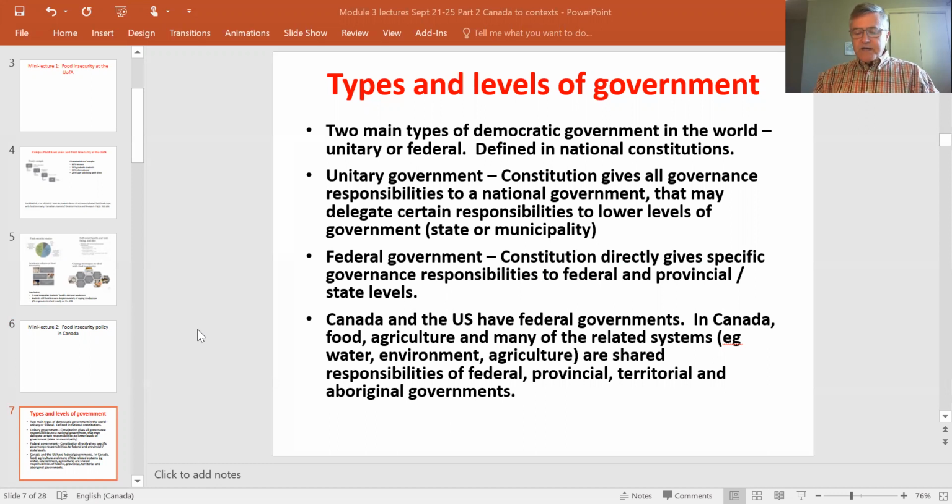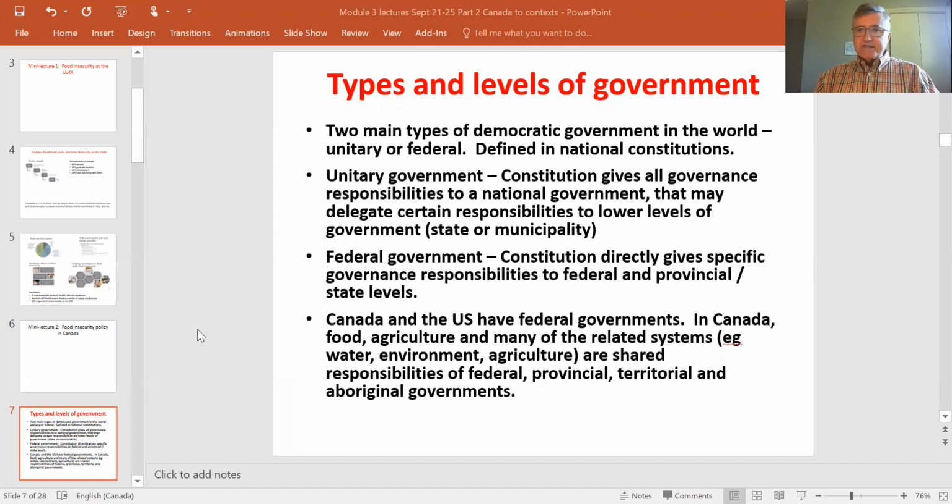It turns out that in Canada, and to a bit lesser extent in the US, food and agriculture systems, and those related to food and agriculture like water and environment, are shared responsibilities of federal, provincial, territorial, and Aboriginal governments, as defined by our Constitution, or as not defined by our Constitution.